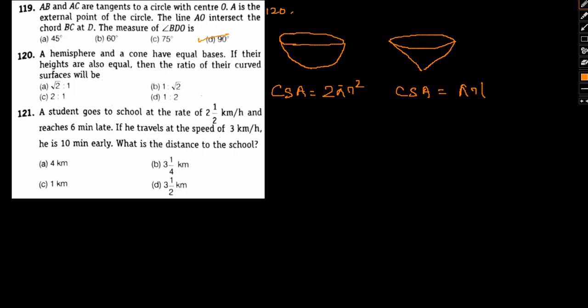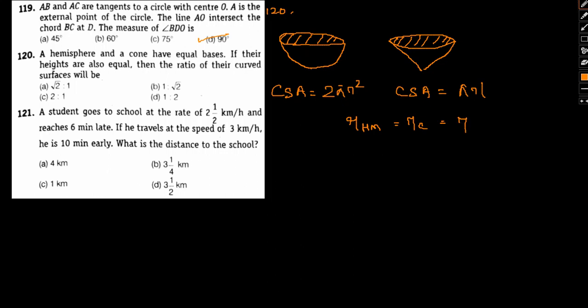Now it is given that they have equal bases. That is, the circular base of the hemisphere is equal to the circular base of the cone. That means the radius is equal. Radius of hemisphere is equal to radius of cone, say r.